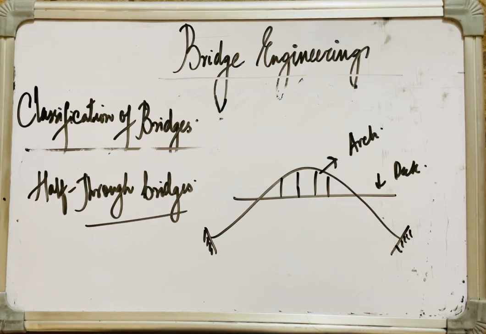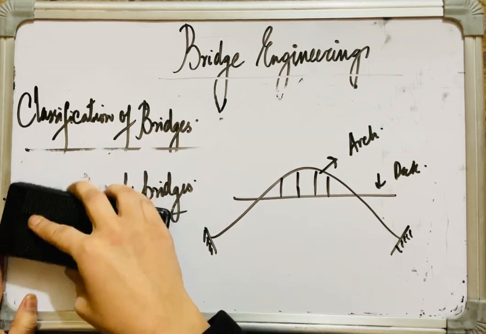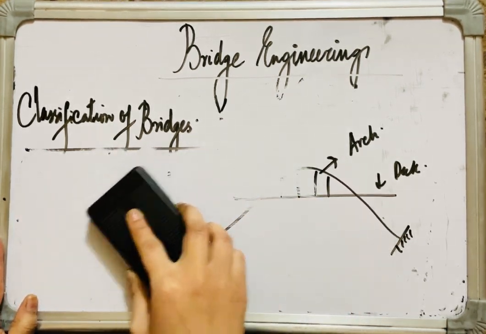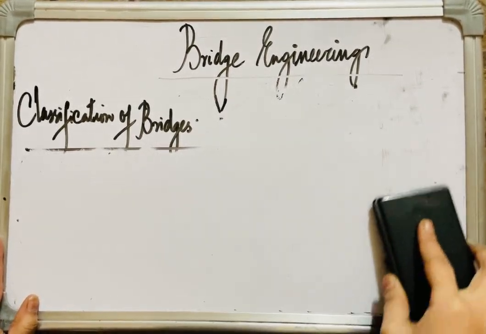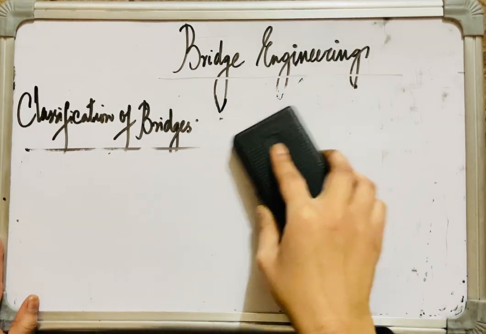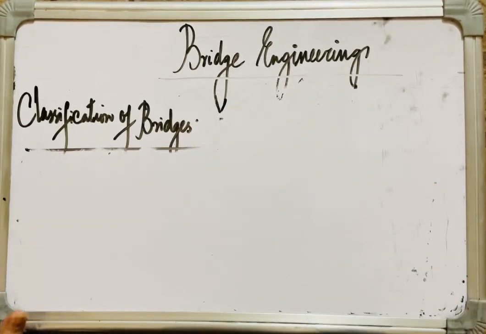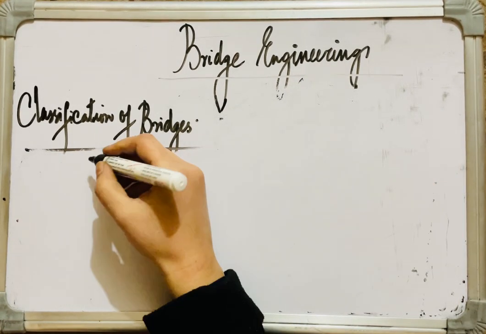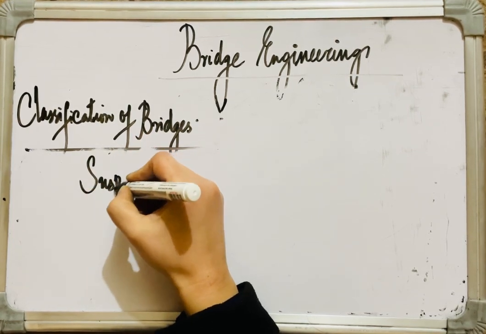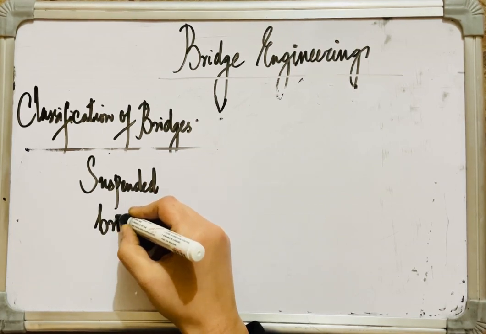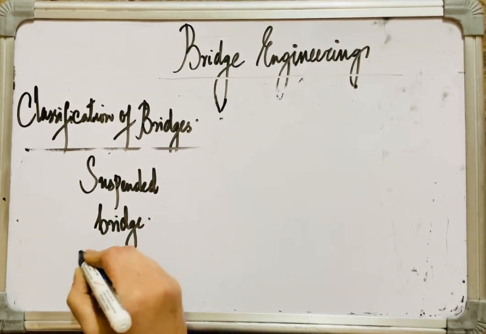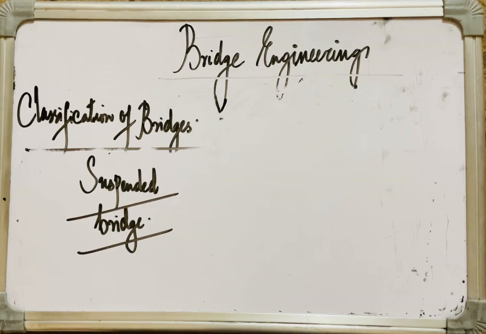The next classification based on the position of bridge floor relative to the superstructure, we have suspended bridges. Our tied arch bridge also follows under this category as well, in addition to the through bridge.